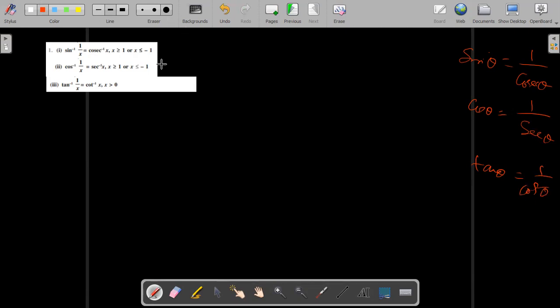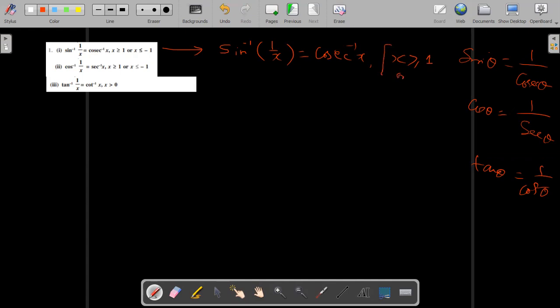So that's why here we have sine inverse. If we write sine inverse of 1 by x, it can be written as cosec inverse x, where x should be greater than or equal to 1. This is the condition, otherwise this will not be applicable.